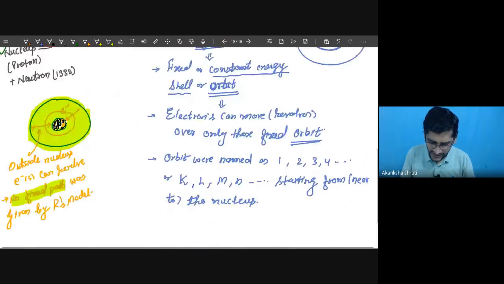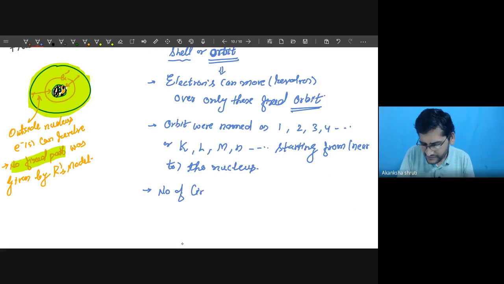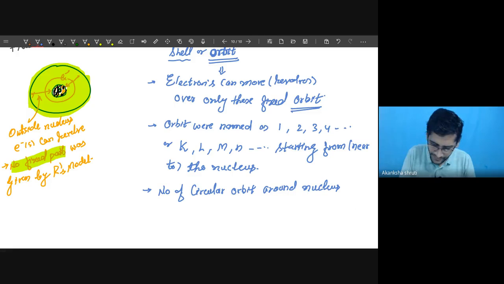So write the next point. The number of paths or circular orbits around the nucleus depends on the number of electrons in that atom.